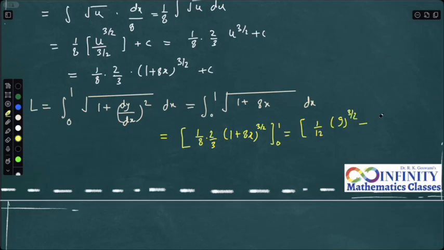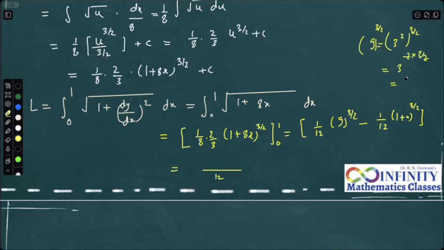Minus, this is going to be how much? 1 by 12. If you put 0 there, it is going to be 1 plus 0 power 3 by 2. So in this expression, the denominator will be 12. 9 is going to be 3 square. So if you have 3 by 2, this is going to be 3, 2 into 3 by 2, so it will cancel out.